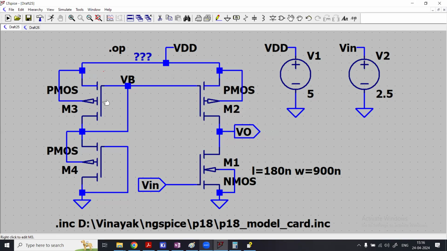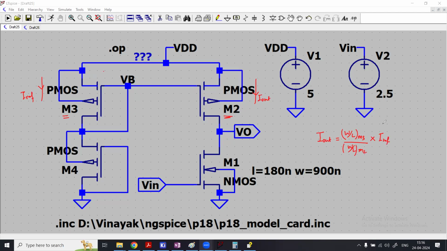So I can write the expression here, the output current that will be mirrored in the M2 and M3. So let's say here I will call it the reference current, and here the current through M3 I will call I out, which will be mirrored. So I can write the expression: I out equals W by L of M3 divided by W by L of M2 multiplied by I reference.